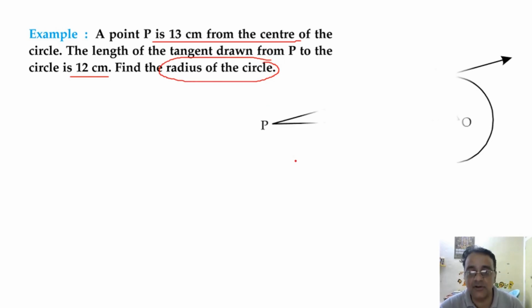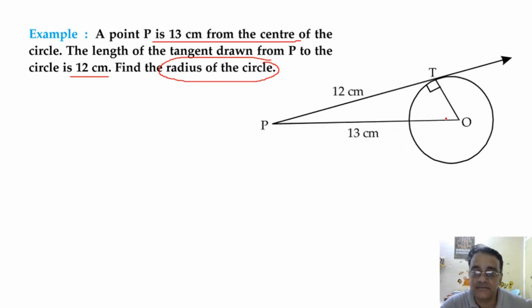First, let us draw the diagram. Suppose this is a point P, and the distance of point P from center O is 13 centimeters. The length of the tangent is given as 12, and we need to find the radius, that is OT. How will you find?